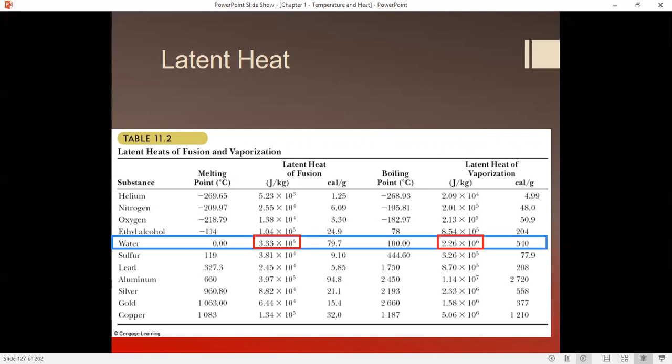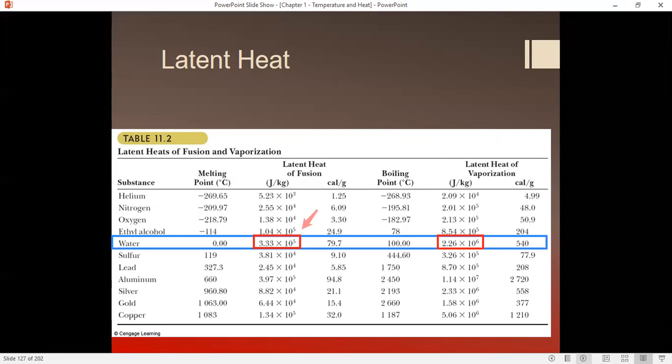So when we look at this, it takes 333,000 joules of energy to freeze 1 kilogram of water. And again, 1 kilogram of water is about 1 liter. So we need to take that much energy away.